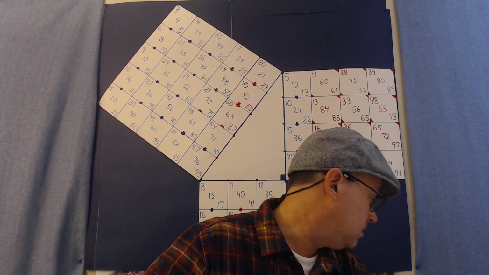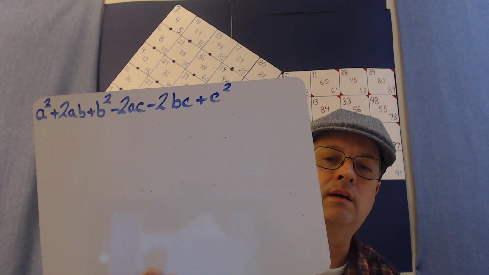Okay, so now we have a squared plus 2ab plus b squared minus 2ac minus 2bc plus c squared. Okay, that's the left-hand side.